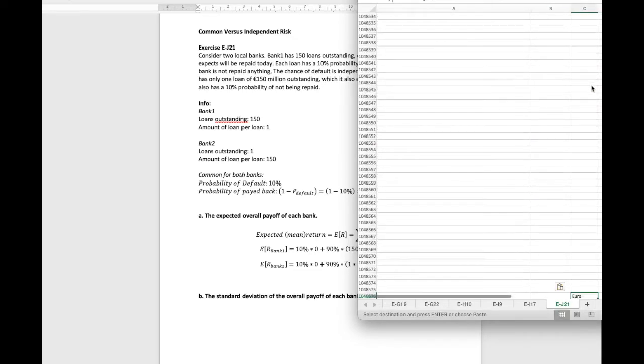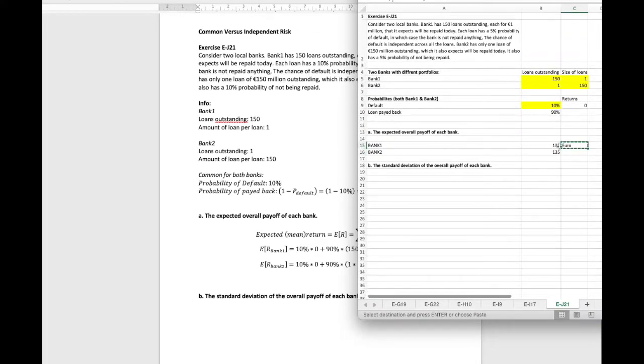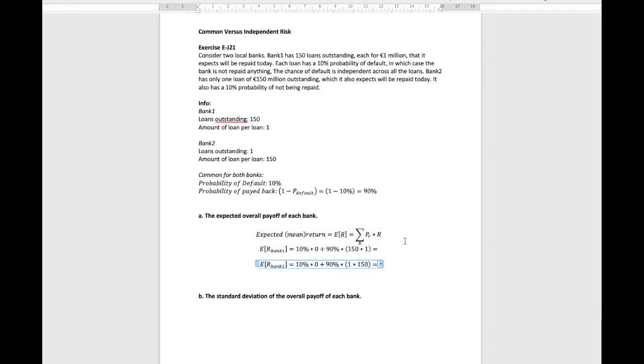So we get an expected return of 135 for both bank 1 and bank 2.